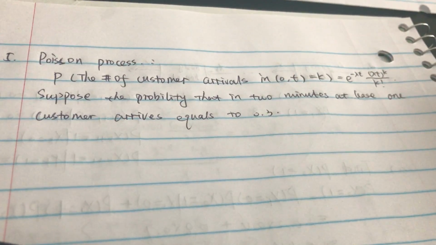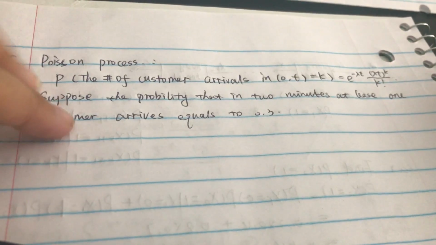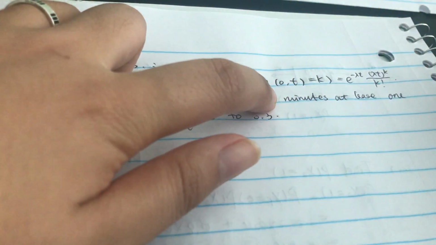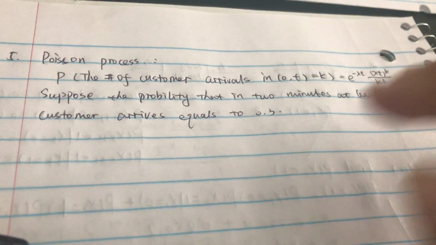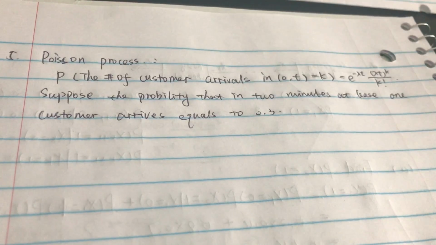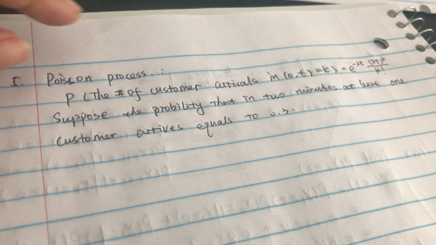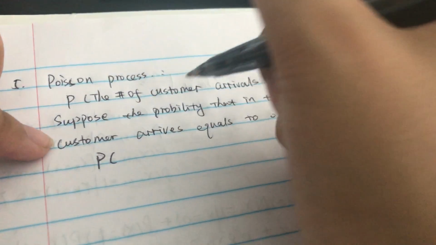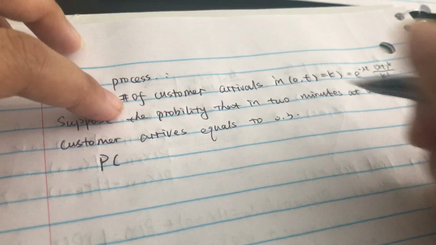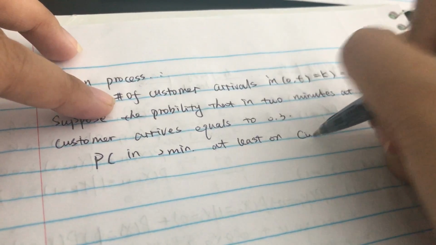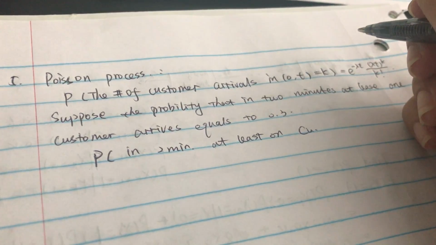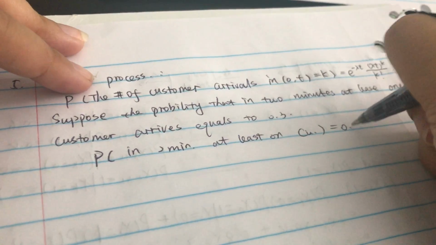which is this formulation. We are also told that the probability that in 2 minutes at least one customer arrives equals 0.3. So we can have this formulation: the probability that in 2 minutes at least one customer arrives is 0.3.